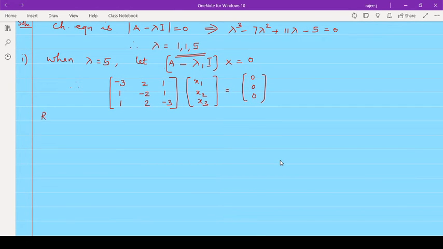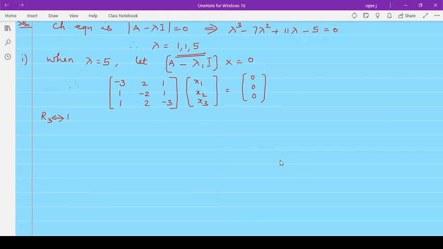So I'll reduce it to echelon form. R3 changes to R3 minus a R2, or to make the first term 1, we can do that also. Let's do that, then simplification will be a bit easier.